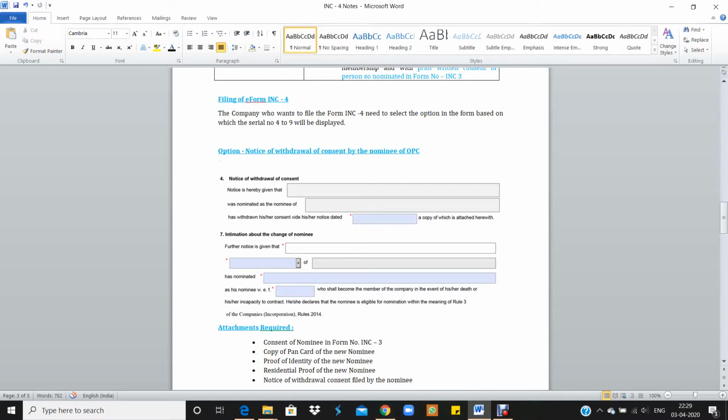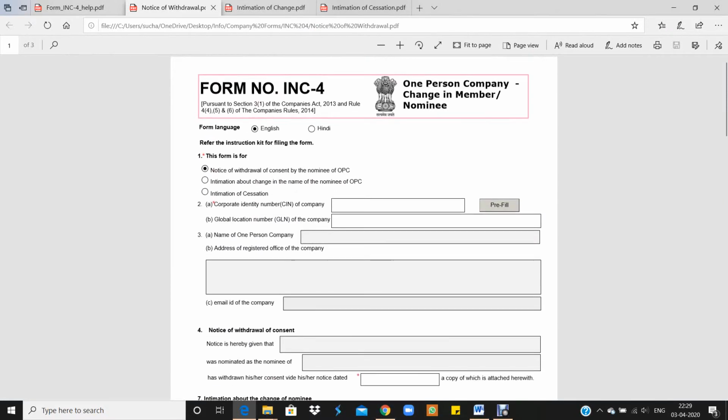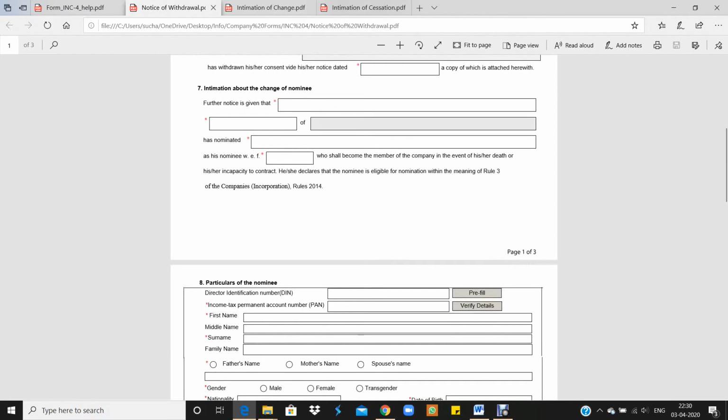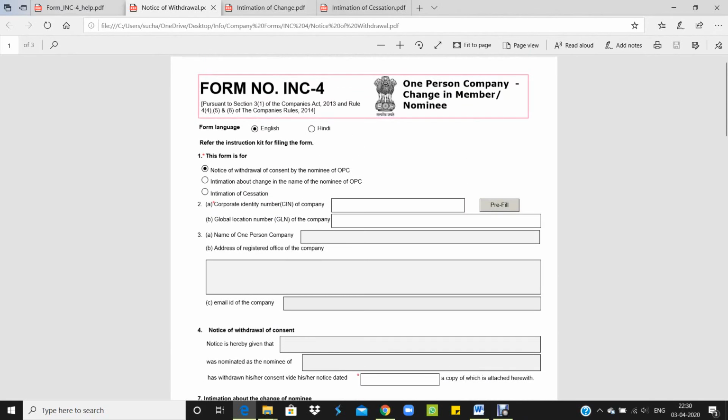In this INC form there will be serial numbers 1, 2, 3, 4 like that. Based on the option you have selected, a few of the hidden serial numbers will be opened. In this case, I have selected this notice of withdrawal of consent by the nominee, OPC.